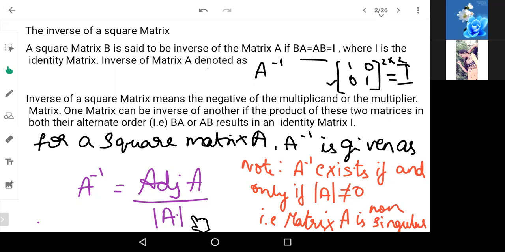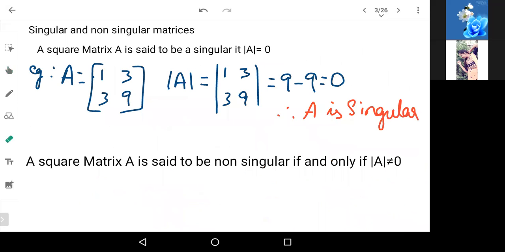Now adjoint A, how do you find it? To find adjoint A, there is a formula which says it is the transpose of the cofactor of A. So you have to find the transpose of the cofactor to get the adjoint. And to find the cofactor, you should find the minor. Are you getting the chain here? Let me write it here.